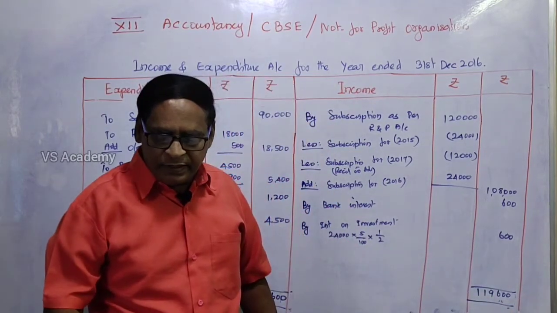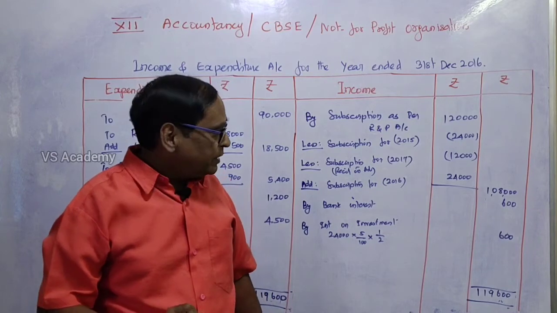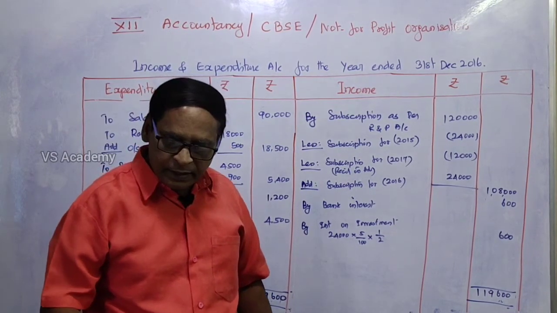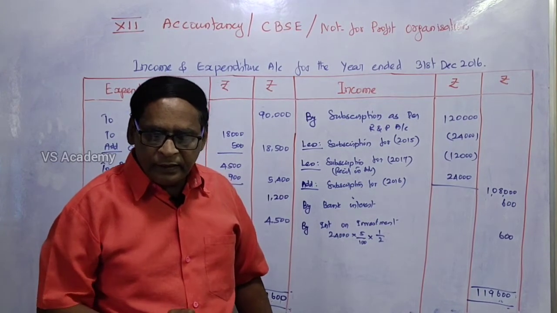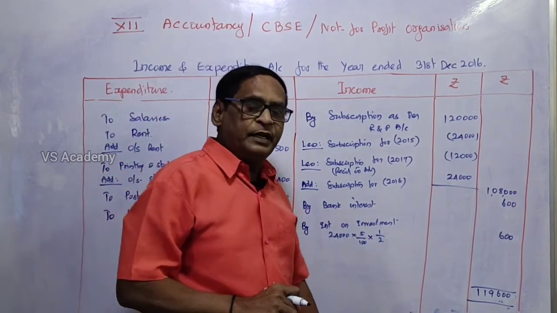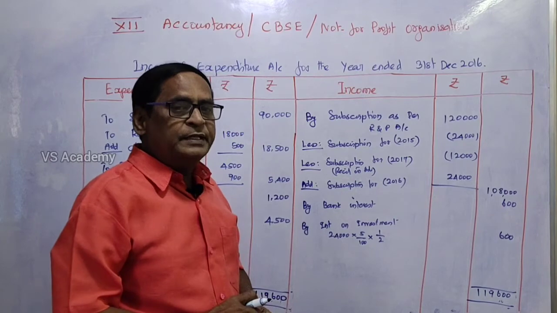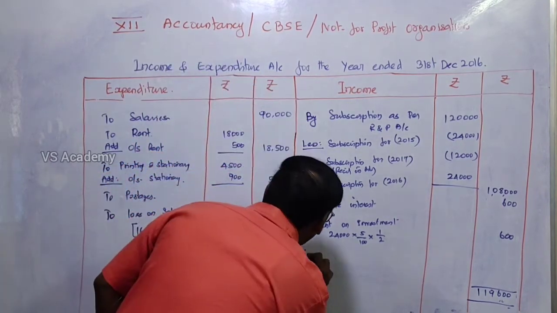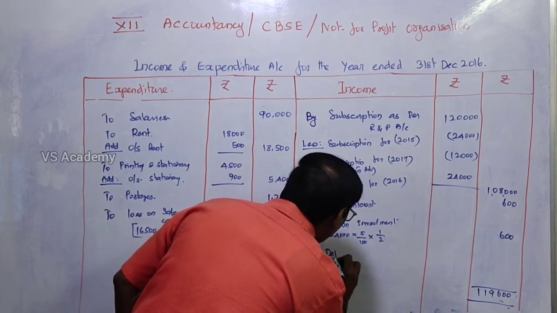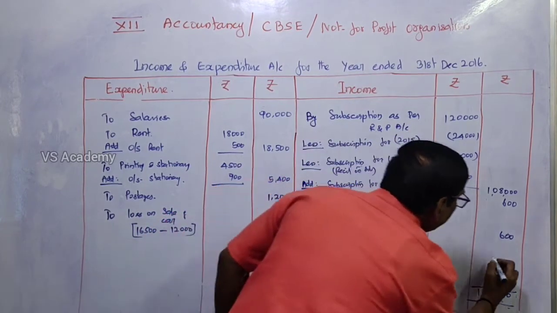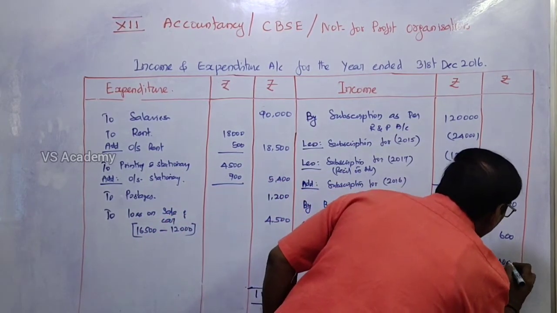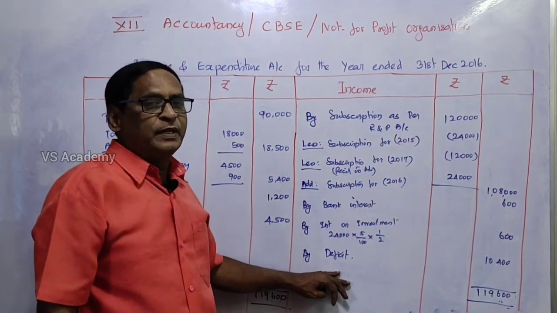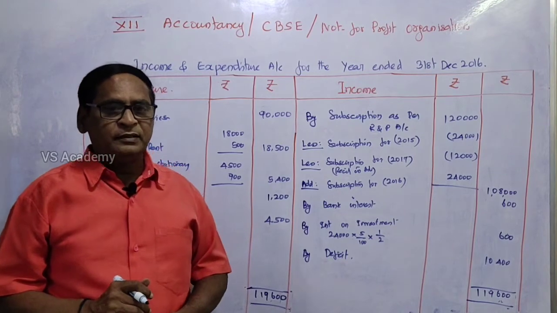What will be the deficit? So 1,19,600 minus 1,08,000 minus 600 minus 600. So 10,400 is the deficit. That means it is an excess of expenditure over income. So deficit 10,400. This deficit is to be deducted from the capital fund in the balance sheet.